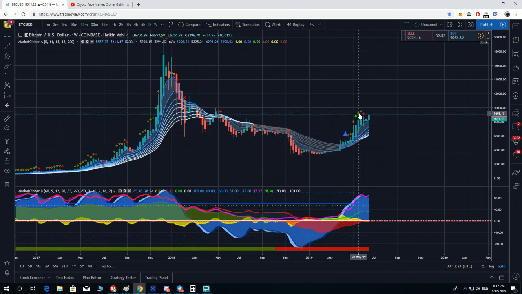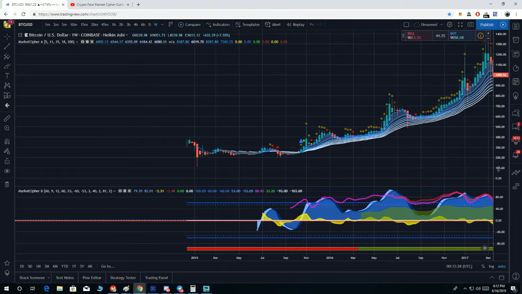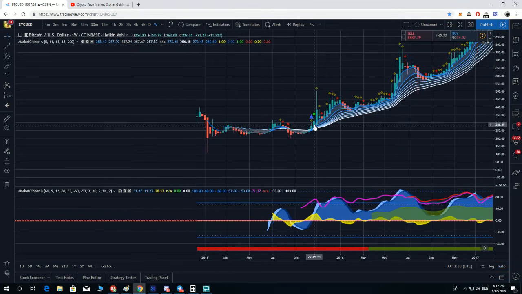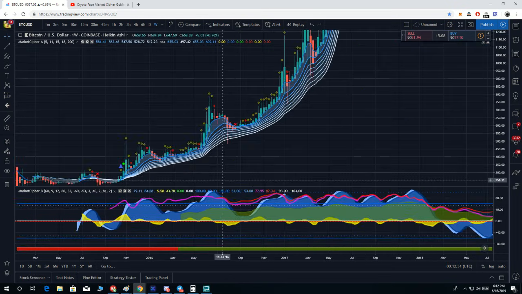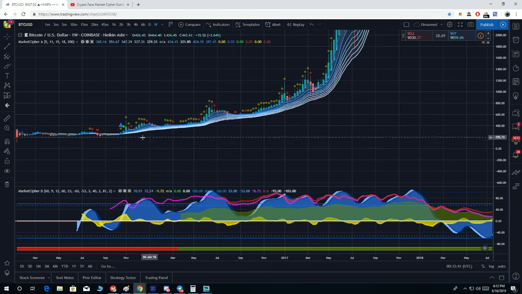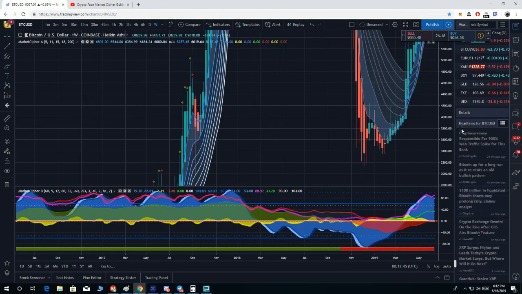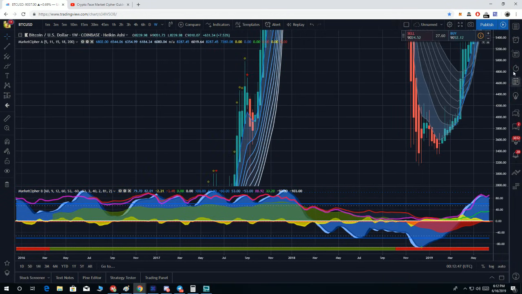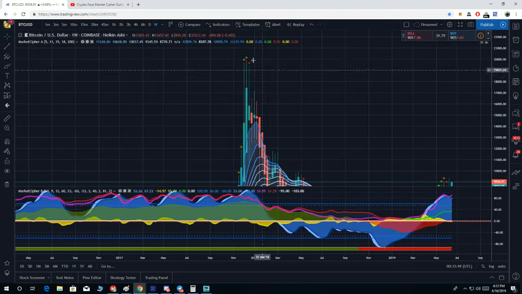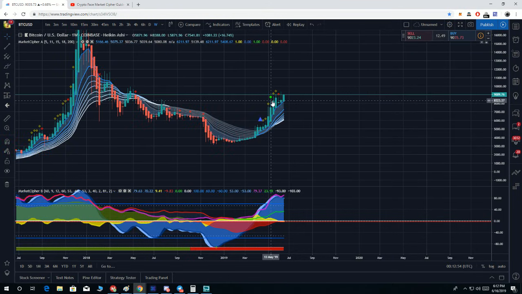The last time there was a green dot on Market Cipher A was on the week of October 26th, which was literally the beginning of the bull market from 2015 October all the way up to 19,000. Pretty exciting stuff, isn't it?